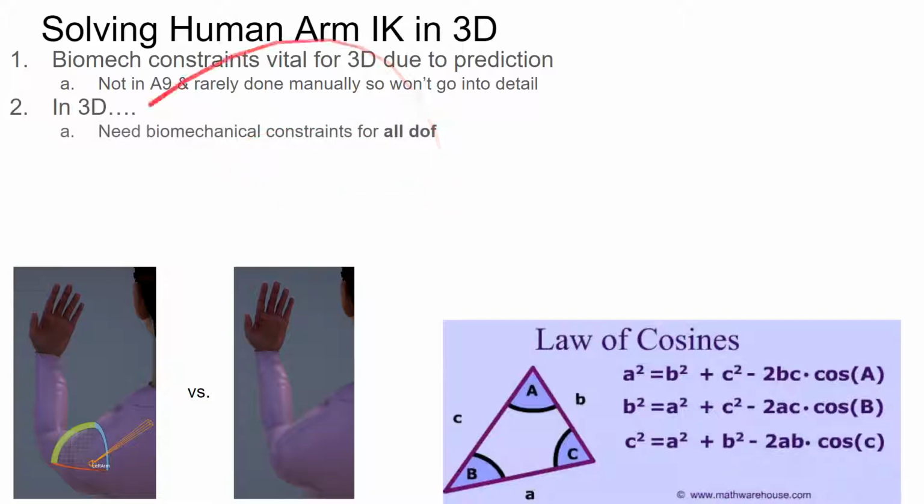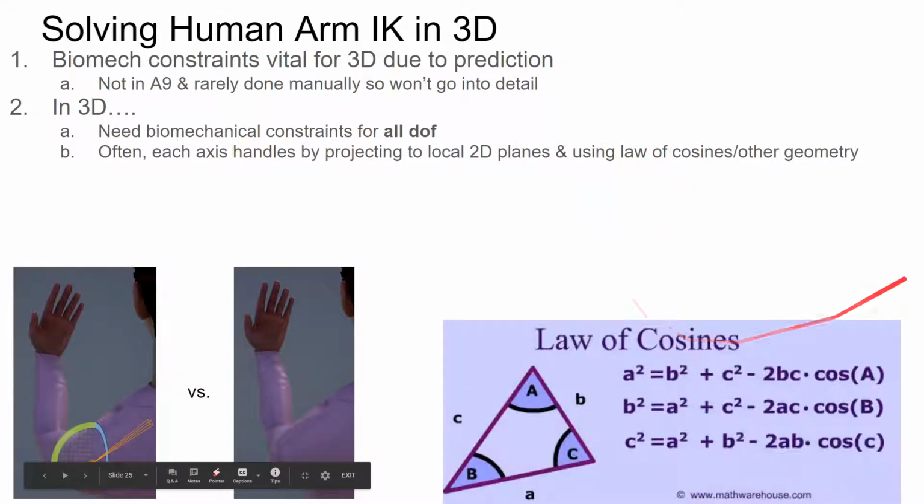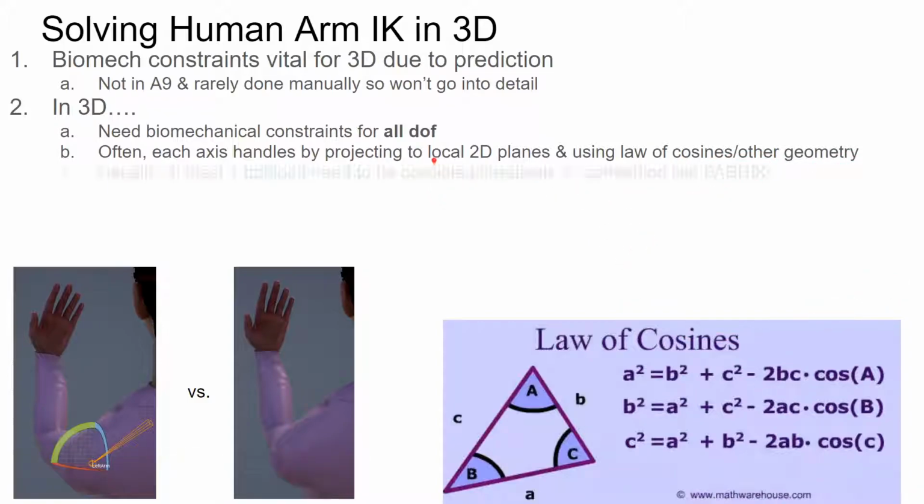But in 3D, you need to get biomechanical constraints for all of the degrees of freedom for each joint. A lot of the time what people do is project the triangle to each local axis, do law of cosines in 2D, and then merge the results together. They essentially solve for each axis individually with coordinate descent or FABRIK or something like that.